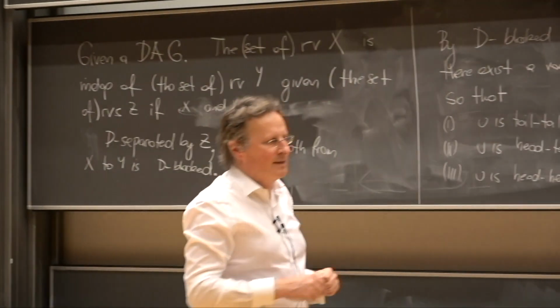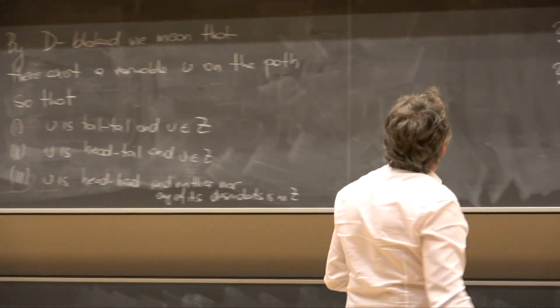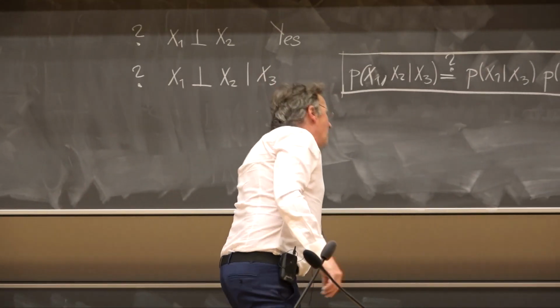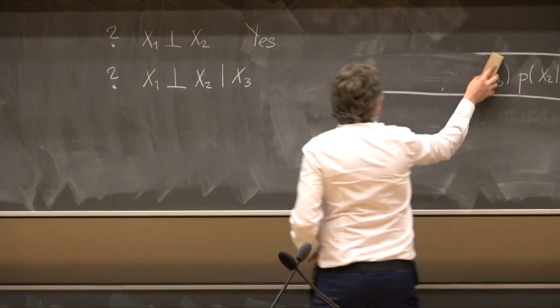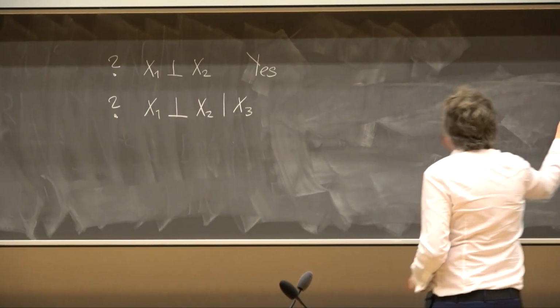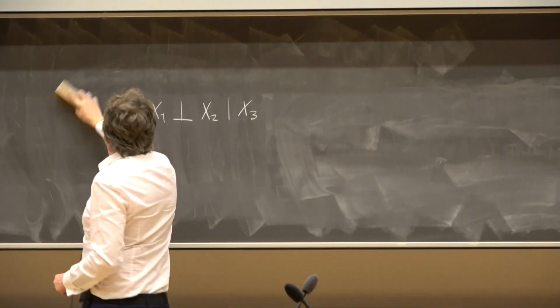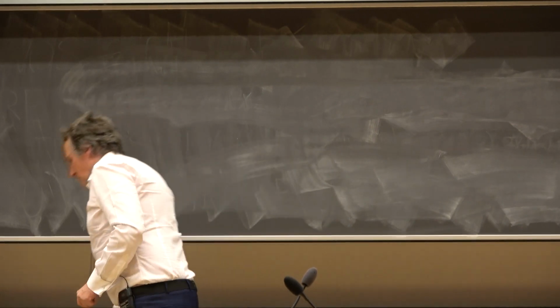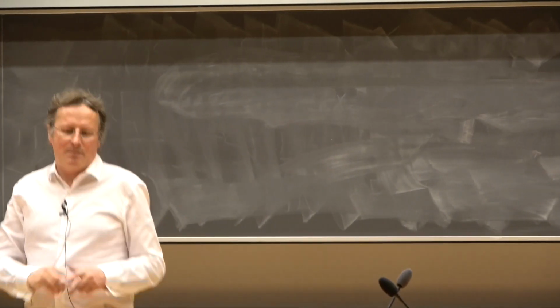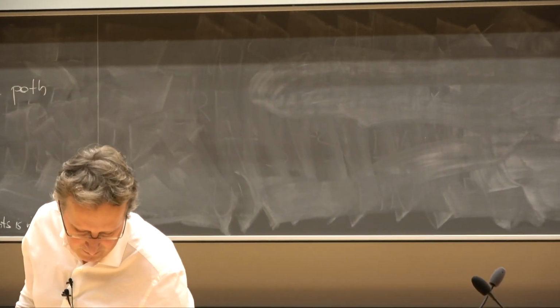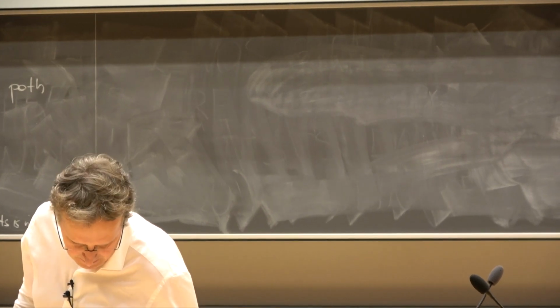Okay, so now the easiest thing is just to do many examples. It looks more complicated, it's actually not very complicated. So let's go through some examples. We have quite some examples in here.